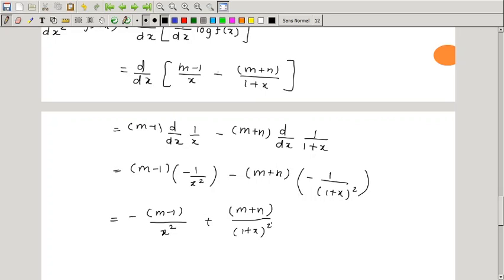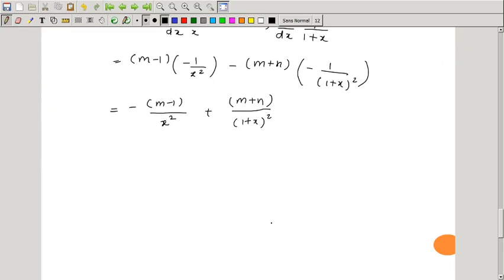Okay, this is your second derivative. So I just want to check this second derivative of log of f of x at the particular x, which is (m minus 1) upon (n plus 1). Putting this x in the second derivative, if this is less than 0, then this x is your mode. So I have to just put the value of x here.